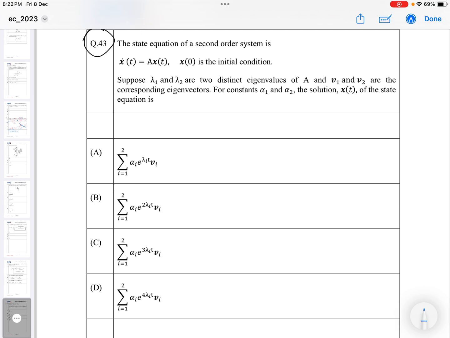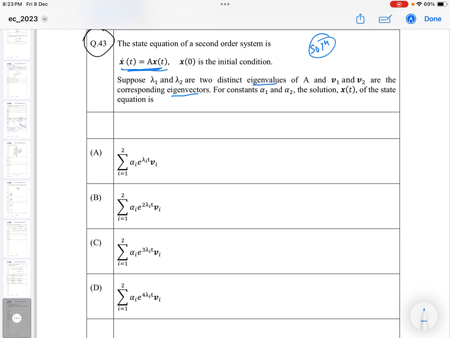We have been given this differential equation, and what we have to do is write the solution of this differential equation in the form of eigenvalue and eigenvector. This is a standard problem that you will find in all of the textbooks, how you can write the solution of a differential equation in terms of eigenvalue and eigenvector.